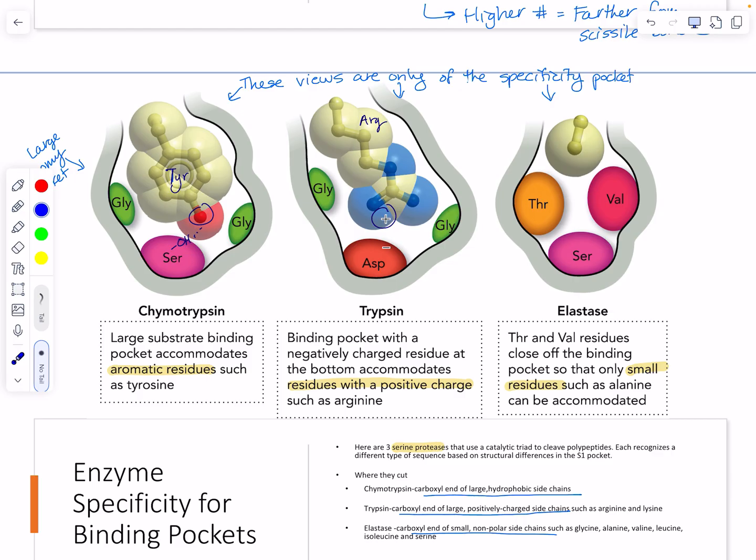That's going to kind of keep them neutral, right? And so we're not going to get too much bulk in there, but we're going to fill up the space with atoms so that all we get is this little one. Okay, so that's the way that just changing 3 residues in that specificity pocket enables you to pick what you want. Okay, so it's just like changing the shape of the puzzle.